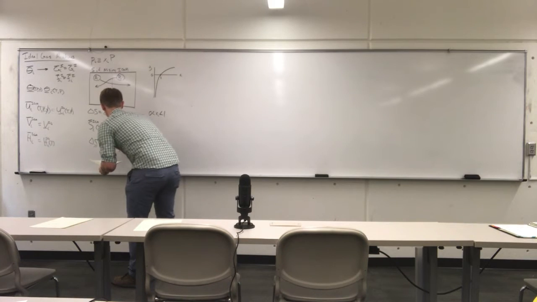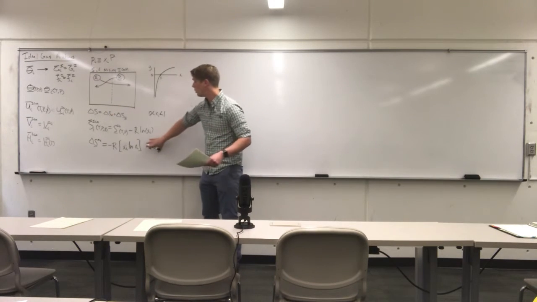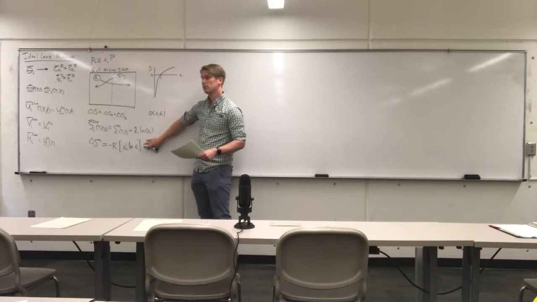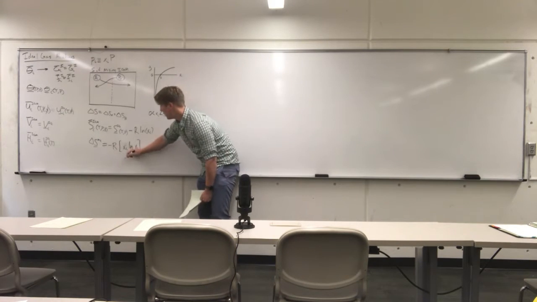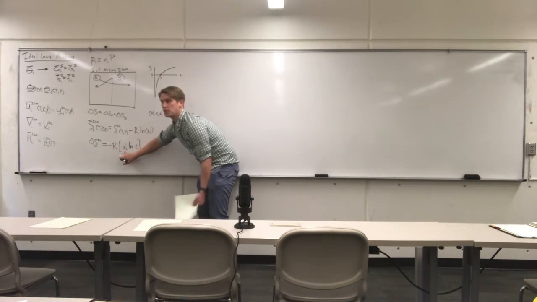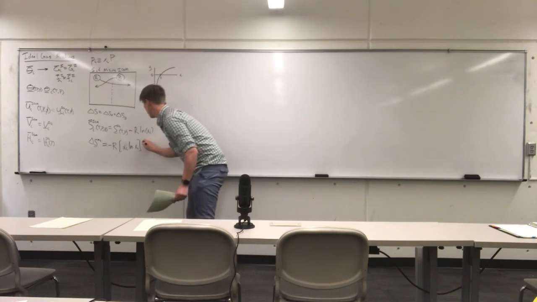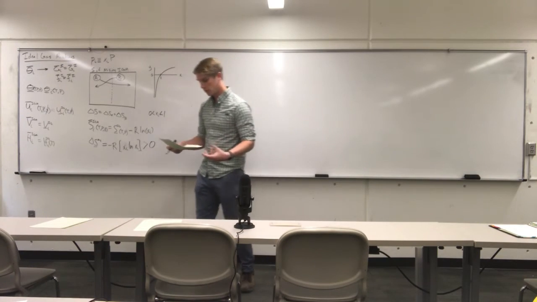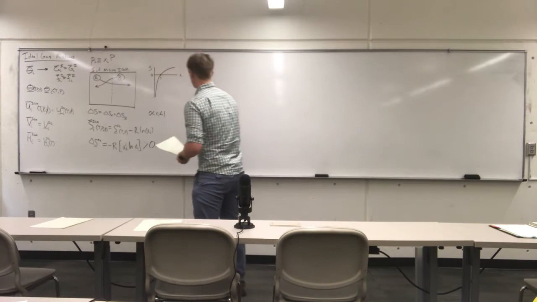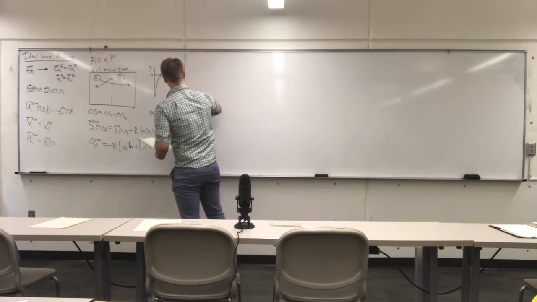Now this term is also always going to be positive. Natural log of a number less than 1 is always going to be negative. This number is always going to be positive. That doesn't change anything. And the negative is always going to make it, so this term is always greater than 0. We always increase the entropy of the system by mixing it. That's effectively where we ran out of time before the exam.